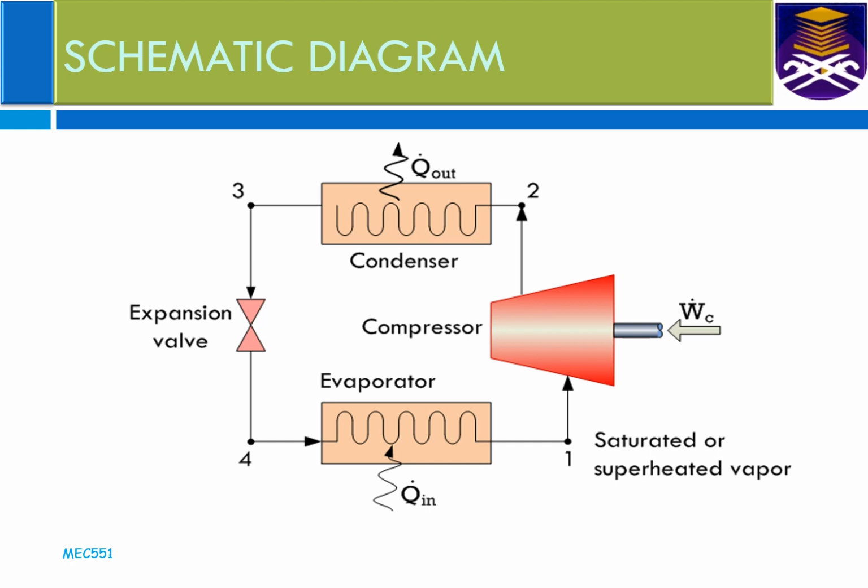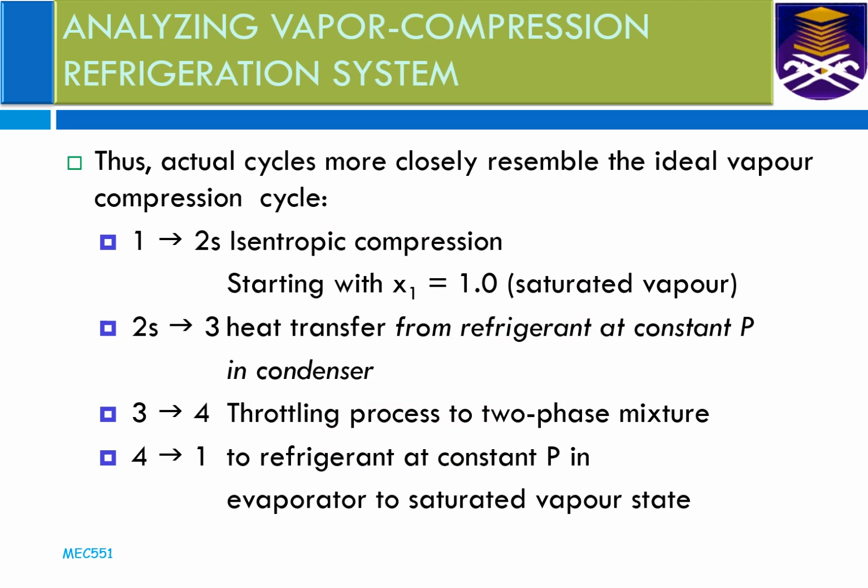Process 4 to 1 is the heat absorption from the refrigerated space by the evaporator. 1 to 2 is the isentropic compression process in the compressor. 2 to 3 is heat rejection in the condenser to the surrounding. 3 to 4 is the expansion process in the expansion valve.